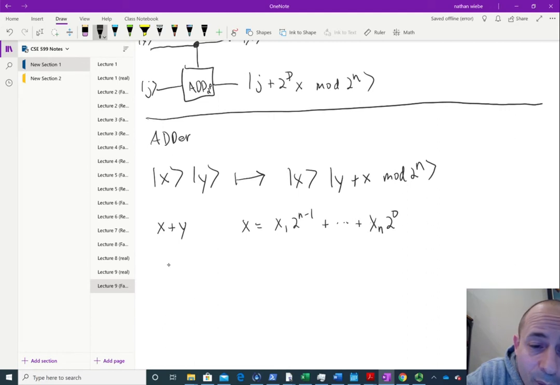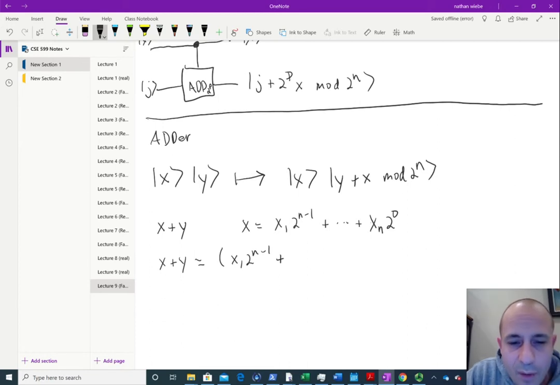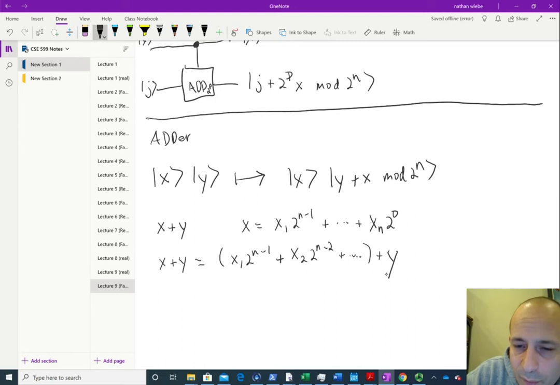So, therefore, x plus y is equal to x1 2 to the n minus 1 plus x2 2 to the n minus 2 plus all the way down, plus y.